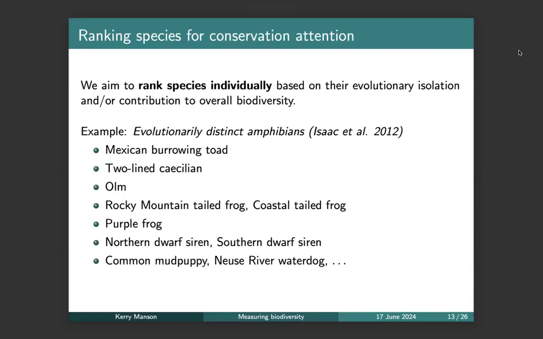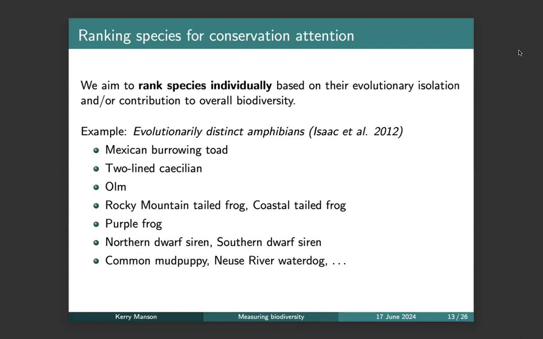So here's an example from the literature where researchers found a way to rank amphibians by evolutionary distinctiveness. We end up with a list showing, I think, the top 10 or so, the top 10 most distinct amphibians. This list continues down and they have values there.